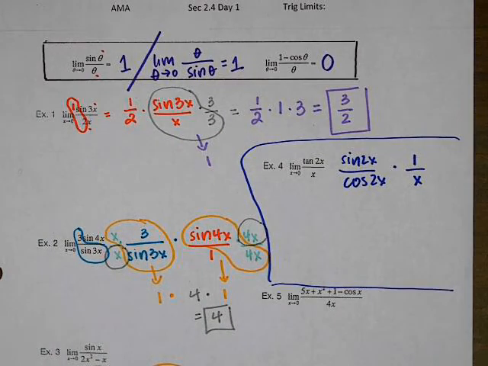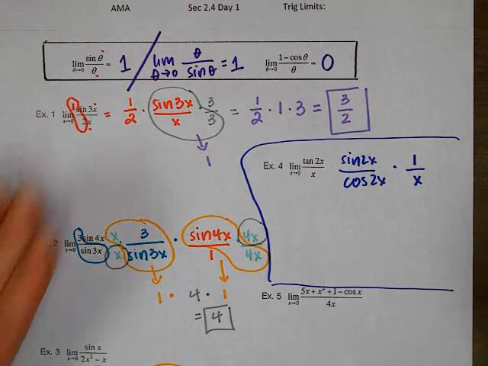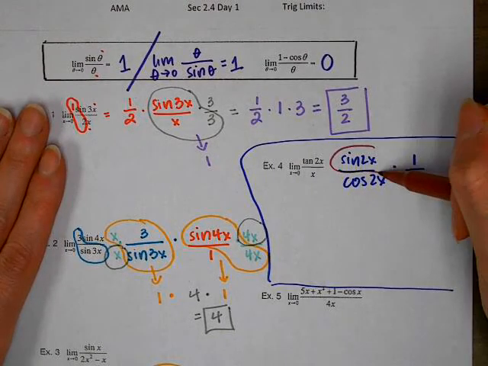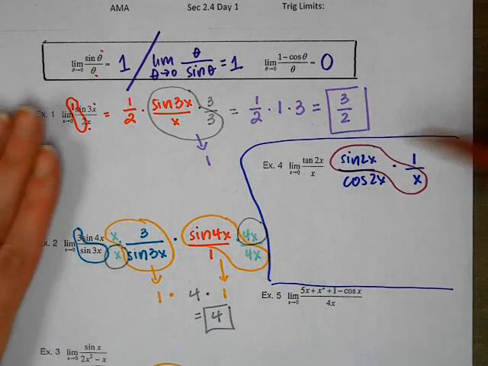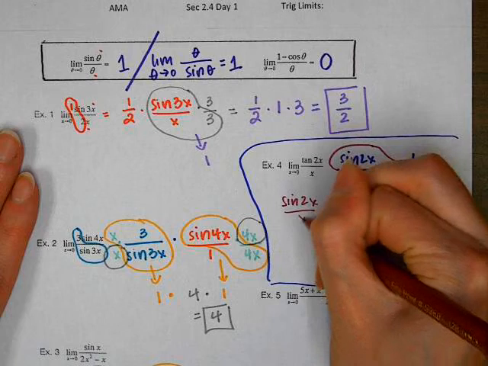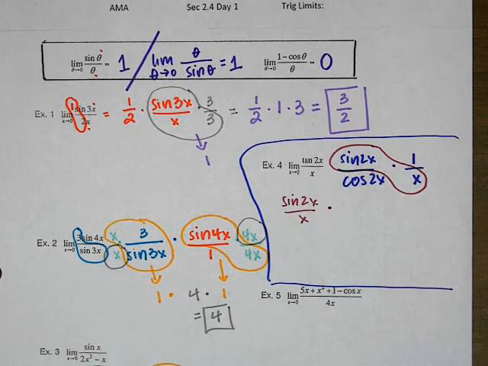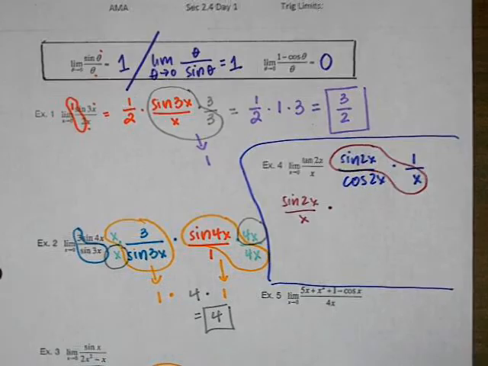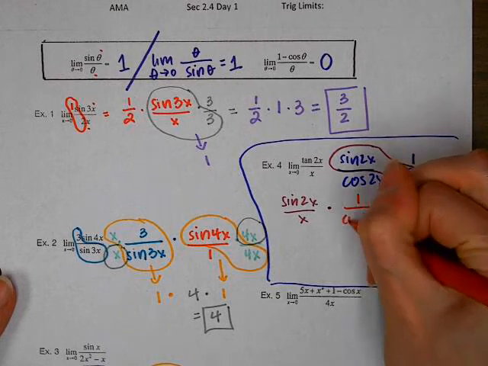All right, so just like before, I'm going to group some stuff that goes together. So I'm going to group the sine with the x. So that's going to be sine 2x over x. And then the second one I'm just going to call 1 over cosine 2x.